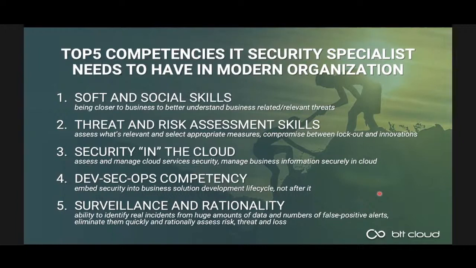So you need to be quick and rationally assess the risks, threats, and loss, because you will no longer be able to secure every place where your organizational data resides in the same way that you treat your internal organization security. This is a very important skill, and something that modern IT security specialists need to have in the modern organization.